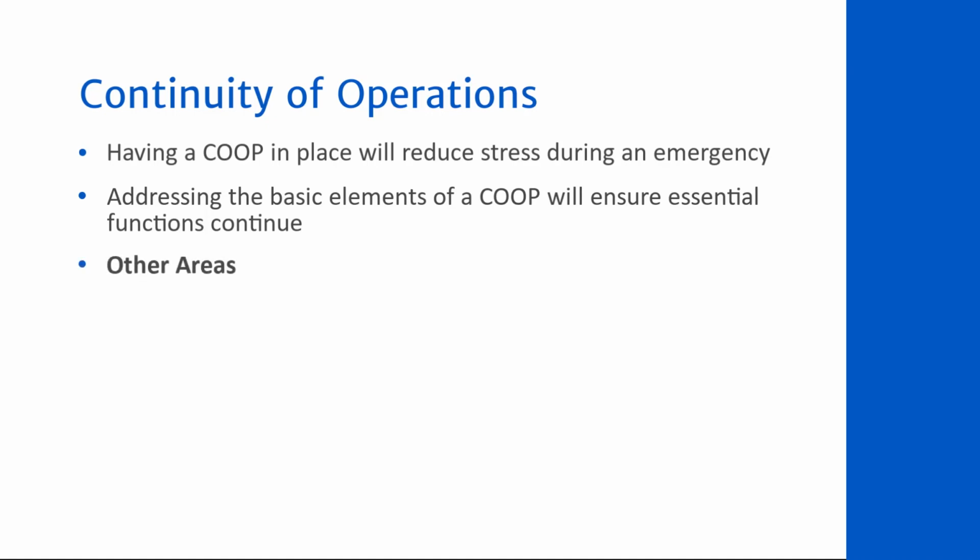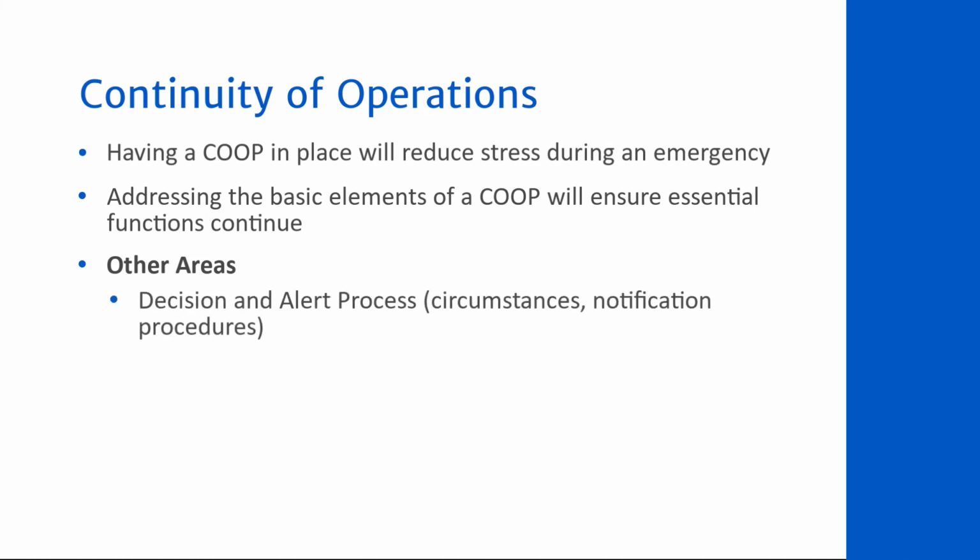There are other areas you may wish to address in your Coop as well. For example, you may want to include a section on the decision and alert process, the circumstances under which the Coop will be activated, and how personnel, students, and parents or guardians will be notified.